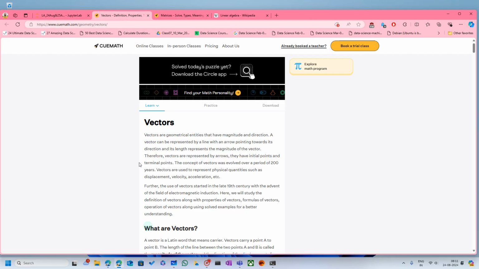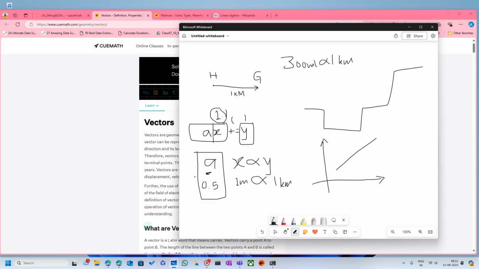Now the first concept in linear algebra is, see this very point that we discussed, step length, that becomes your scalar. Basically any value in linear algebra that has only a value, that doesn't have a direction.